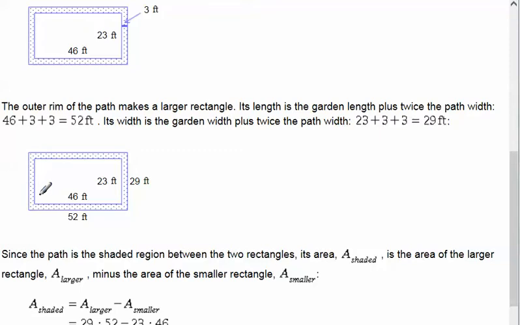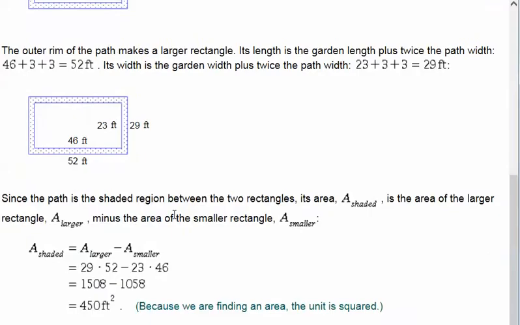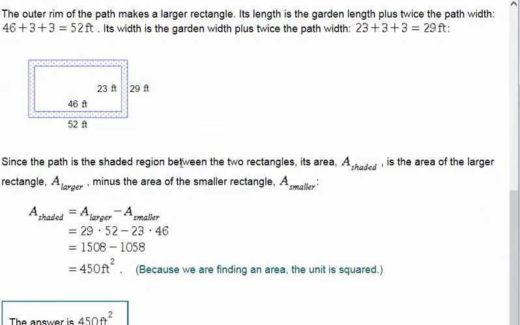The path is represented by the shaded part between the two, so we could actually figure out the area of this piece, the shaded part, by doing the whole outside area and subtract the entire inside area. And if you'll recall, area is base times height.